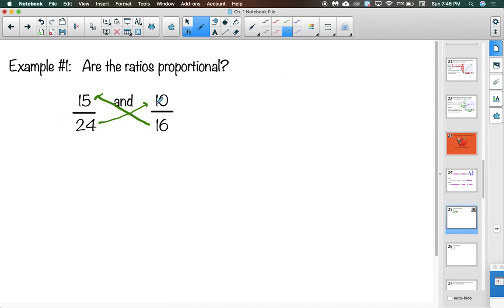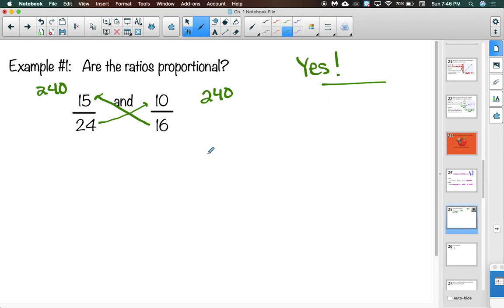So 24 times 10 is 240. 16 times 15 is 240. So the answer is yes, these two ratios are proportional. They do form a proportion.